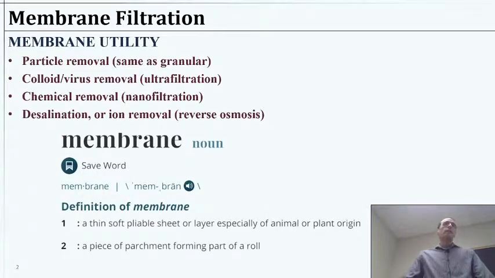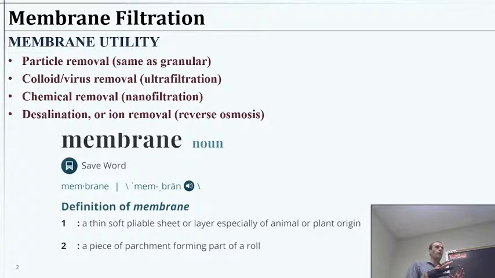So first, a definition of a membrane. Again, we did talk a bit about this, but usually what we're going to use them for is particle removal. If we get really fancy, maybe we'll get down to reverse osmosis to reject particular ionic species in water. But typically it'll be particles, and then we could go down a step and say, well, we've got these colloids, things like viruses, that are practically dissolved, but they are physical.